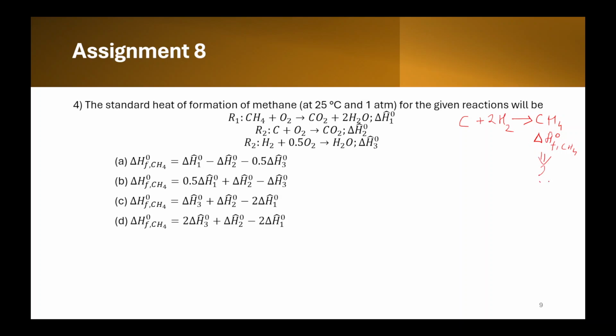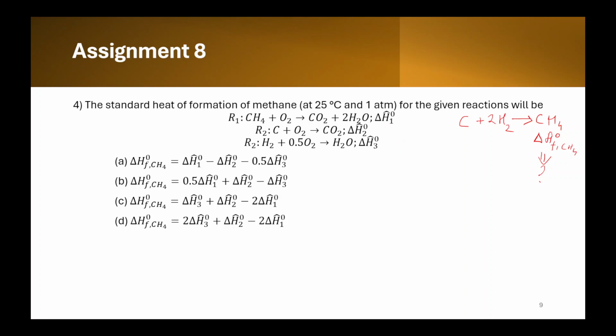This is the resultant reaction and we are given 3 reactions here. If you look, this is the complete combustion of methane, this is the complete combustion of carbon, and this is the complete combustion of hydrogen. Suppose there is some value here, but it is written as this term.